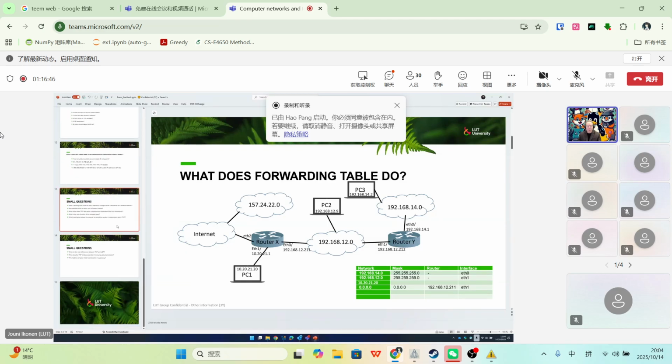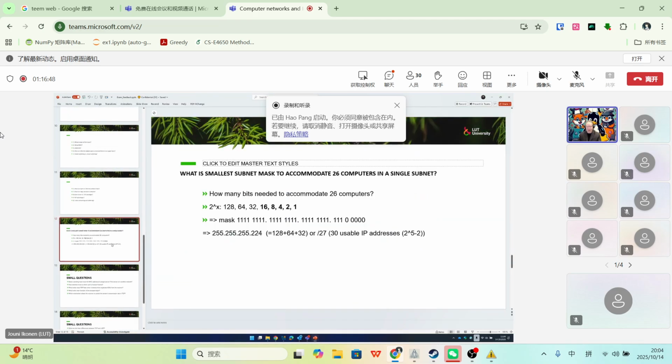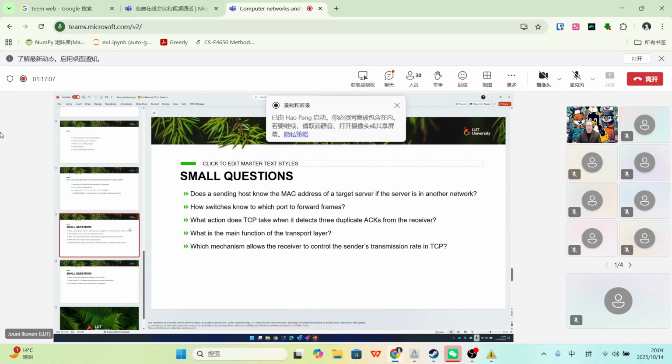So router will spend one of the addresses from there. In this question, we are not actually saying that our network is connected anywhere. We just want to have space for 26 computers in the network or in the subnetwork.